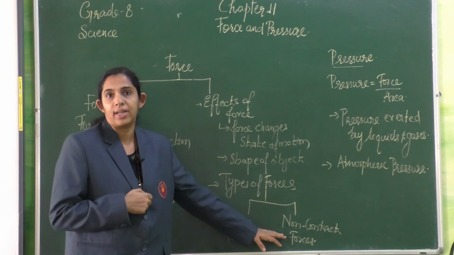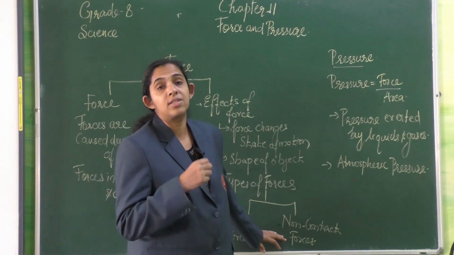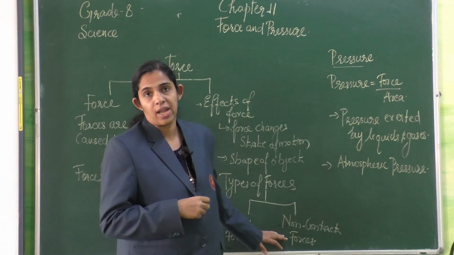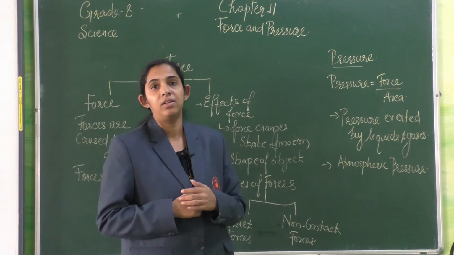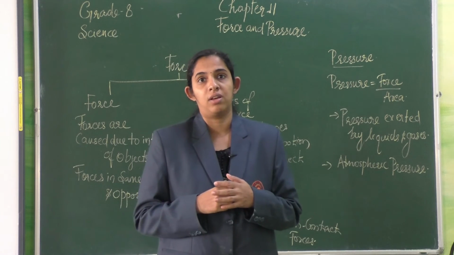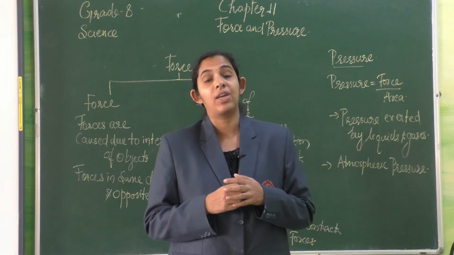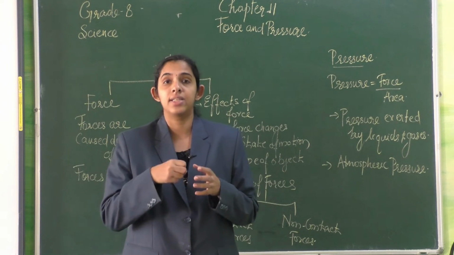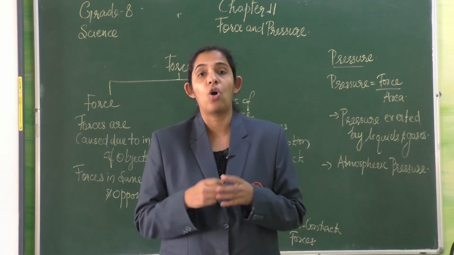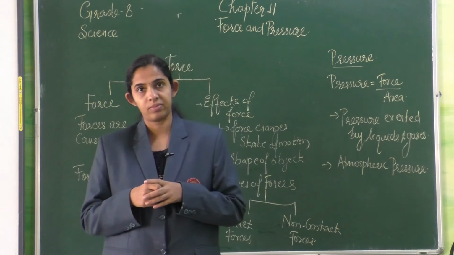So, what are non-contact forces? These are forces which do not require the objects in interaction to be in direct physical contact. For example, gravitational force or magnetic force or even electrostatic force. We have seen the example of a scale or comb attracting some pieces of paper. So all these are examples of non-contact forces.